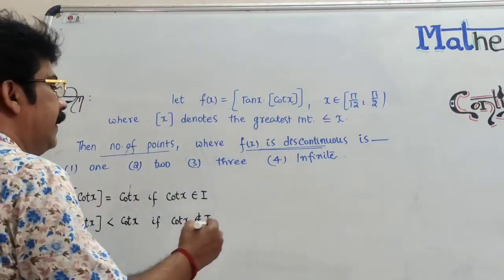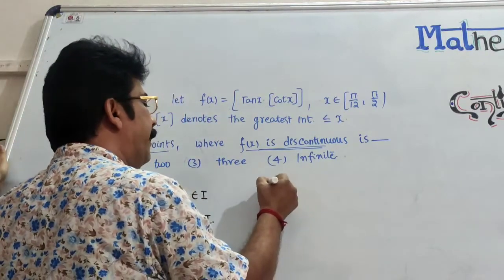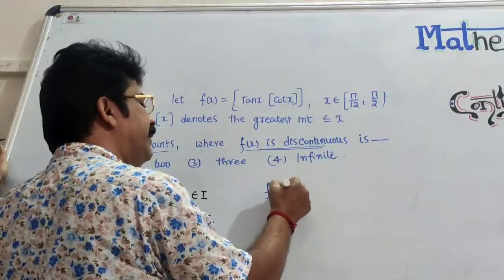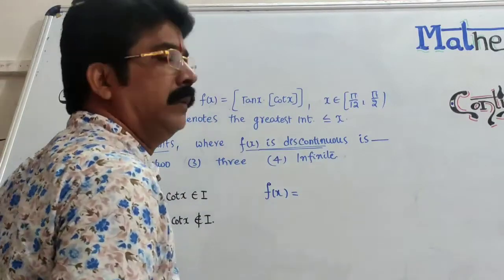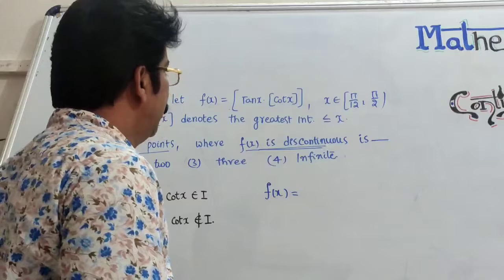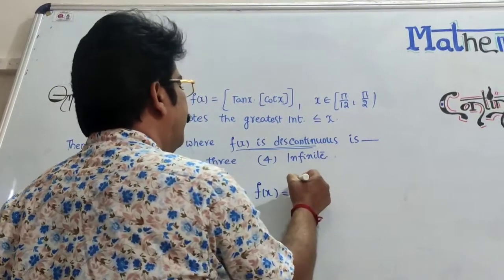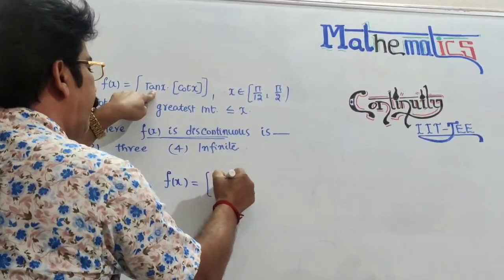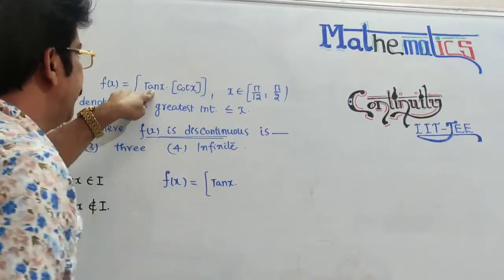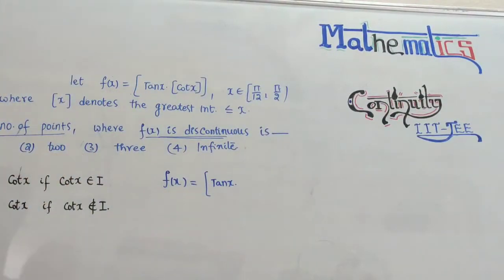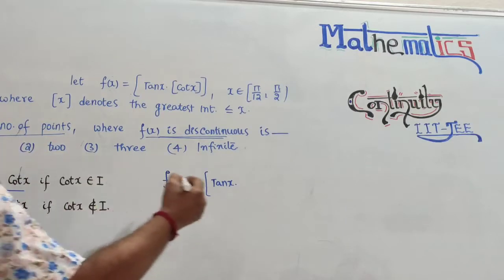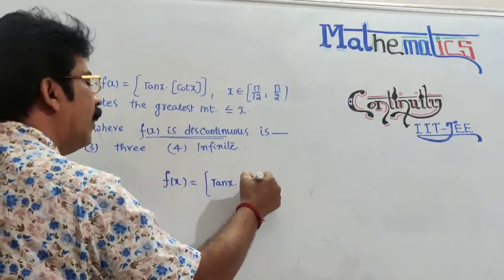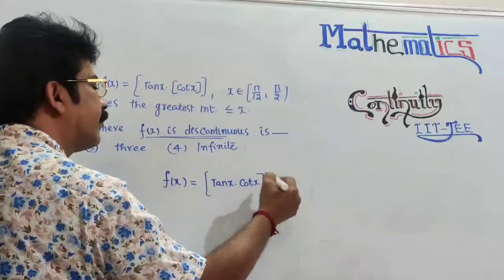Okay. Here f of x is equal to floor of tan x times floor of cot x.